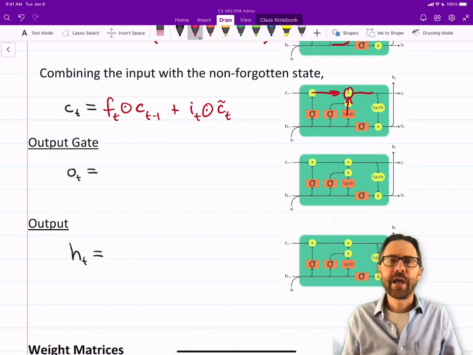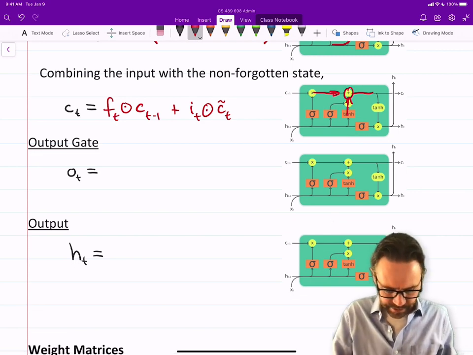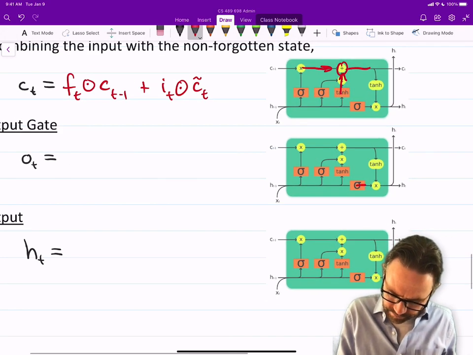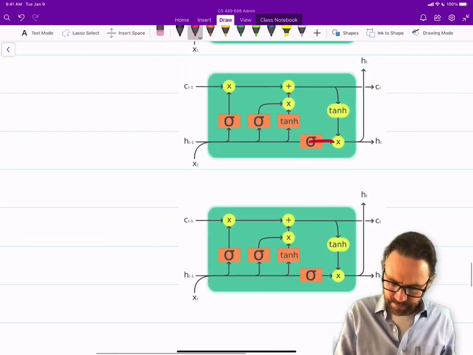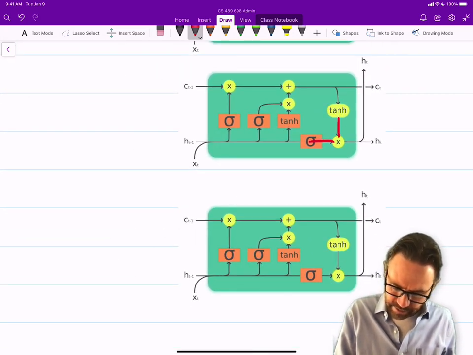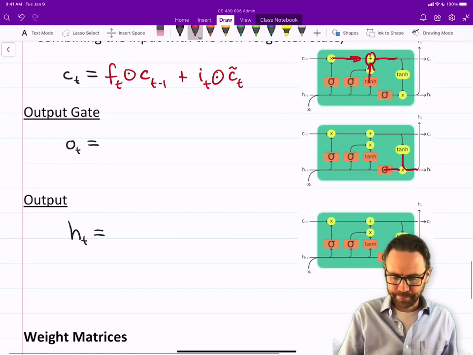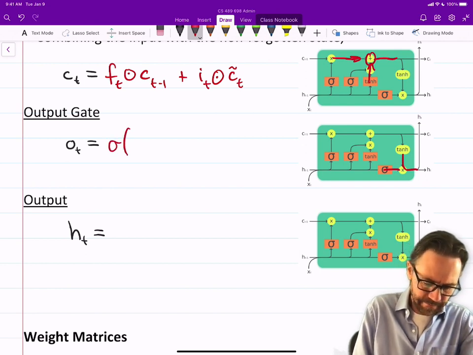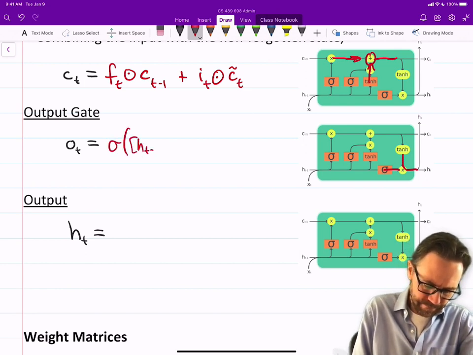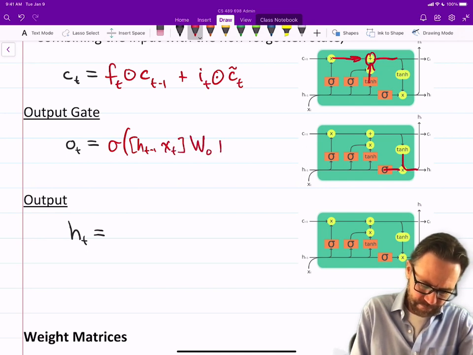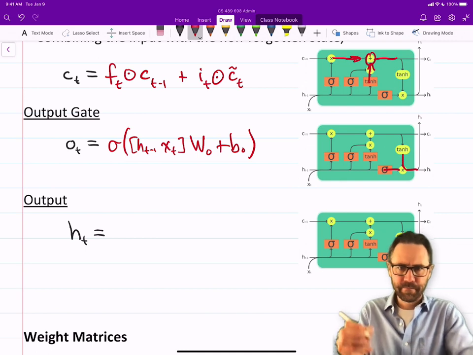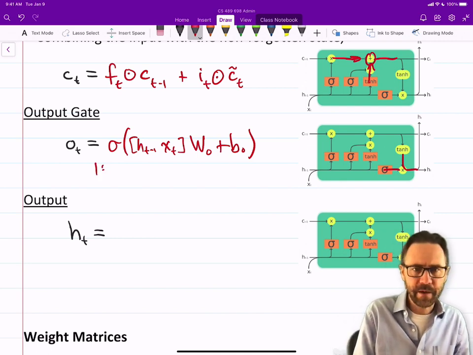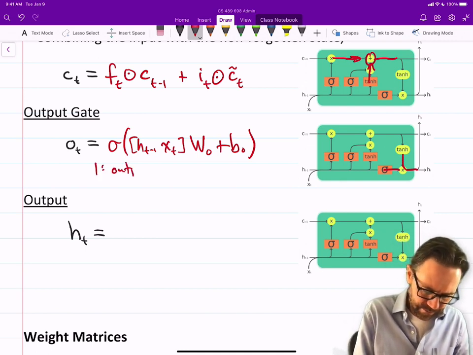Okay, then finally there's the output gate. That's this one down here. The output gate. So whether or not this connects to the output. And it's the same pattern as before. And if it equals 1, that means output.